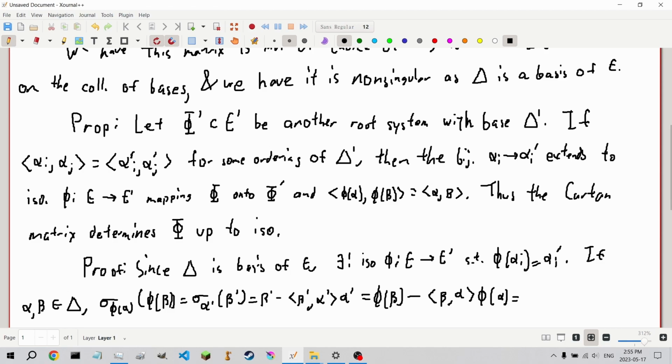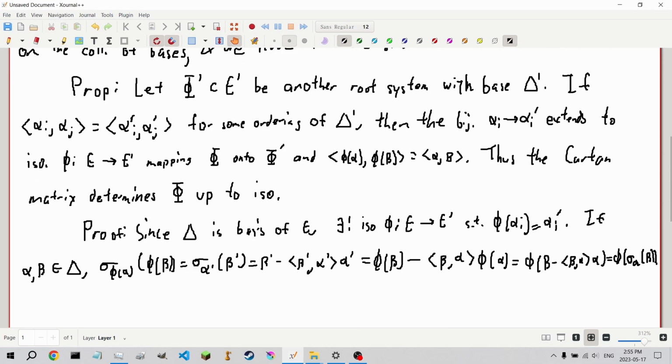So this gives us phi beta minus the angle bracket beta and alpha times alpha, which is phi of sigma alpha of beta, such that this diagram, which I'm going to draw in a second, commutes.